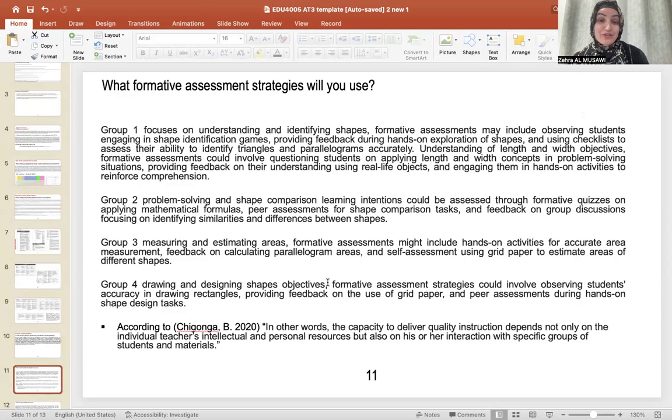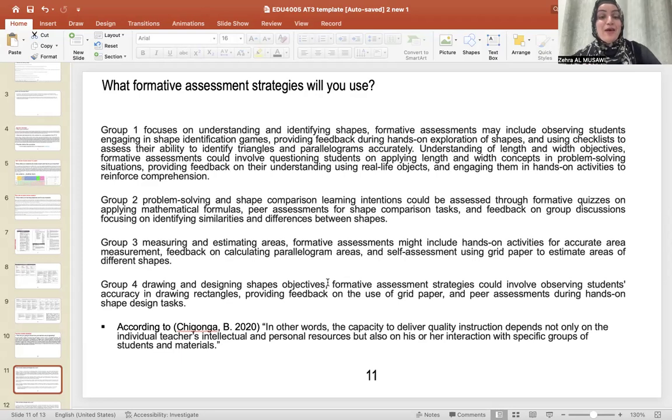What formative assessment strategy will I use for group 1? Focus on understanding and identifying shapes. Formative assessment may include observing students and engaging in shape identification games. For group 2, problem solving and shape comparison, the learning intention could be assessed through formative quizzes on applying mathematical formulas, peer assessment for shape comparison tasks, and feedback on group discussion.